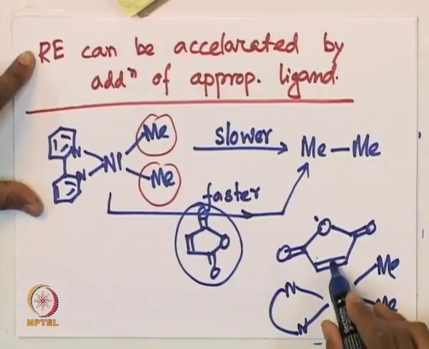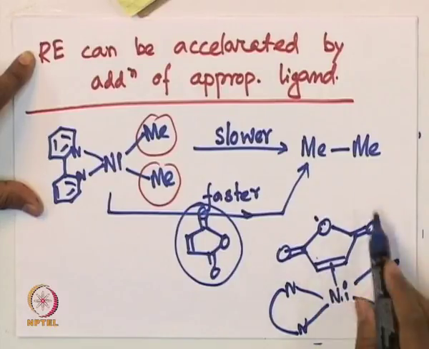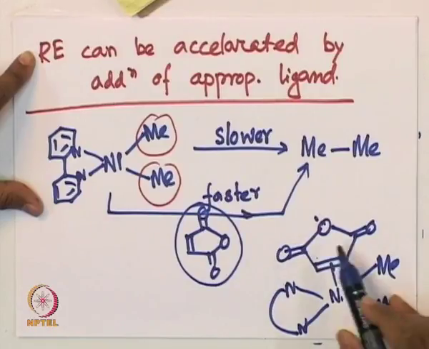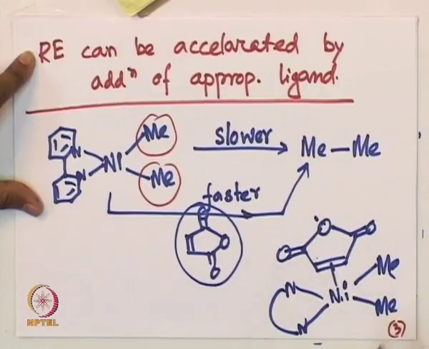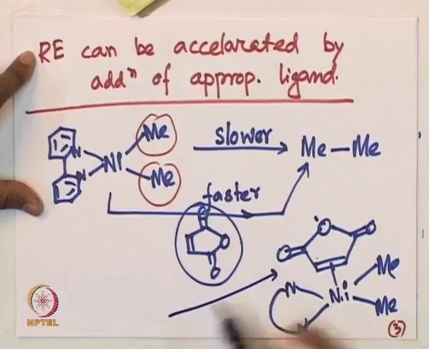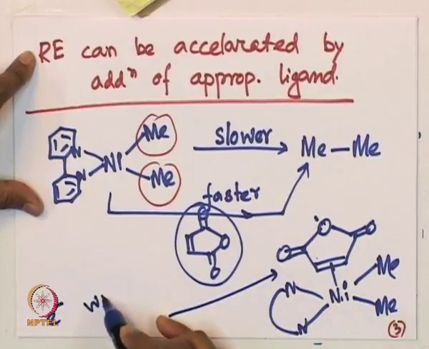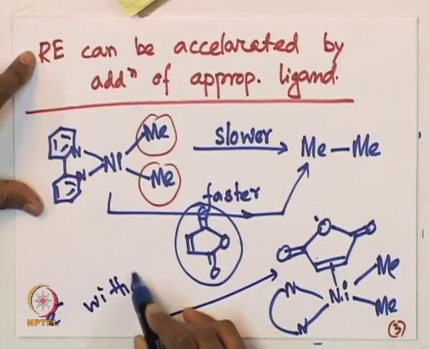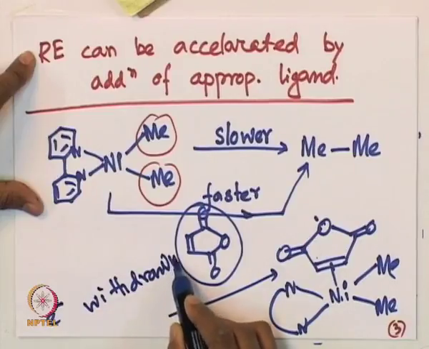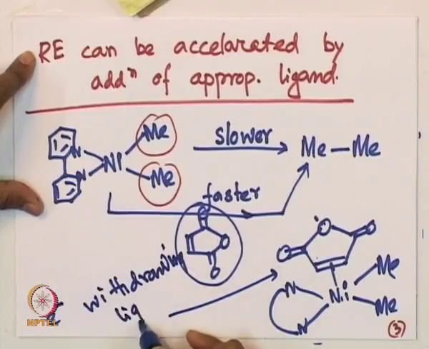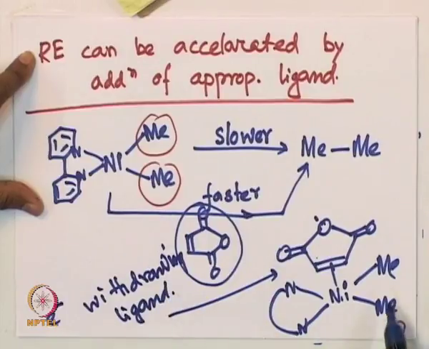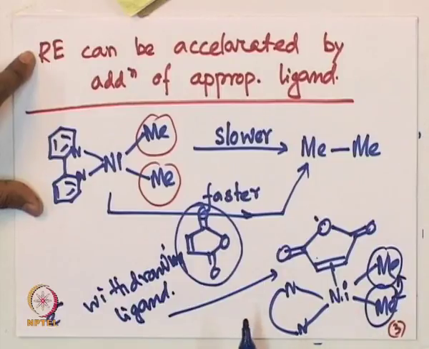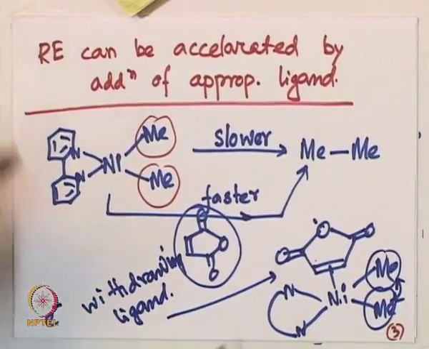Since nickel is coordinating with this anhydride in this fashion, it will be able to take out the electron density from the nickel center, and therefore this will act as an electron-withdrawing ligand, and you will be able to promote reductive elimination between these A and B relatively faster.